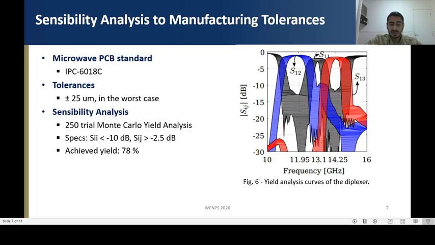To verify if the devices are robust enough against these errors, a 250-trial Monte Carlo yield analysis was performed. In Figure 6, we can observe the bound limits of the simulation. The achieved yield was 78%.